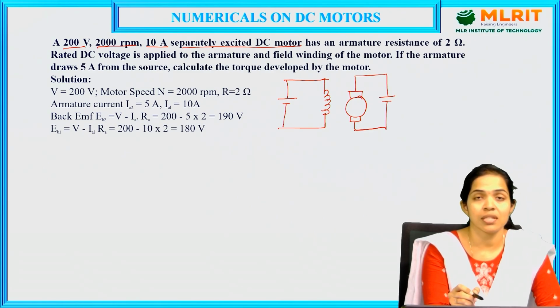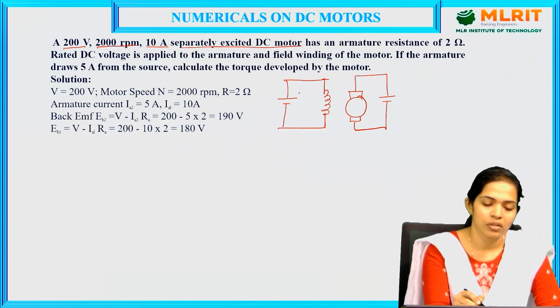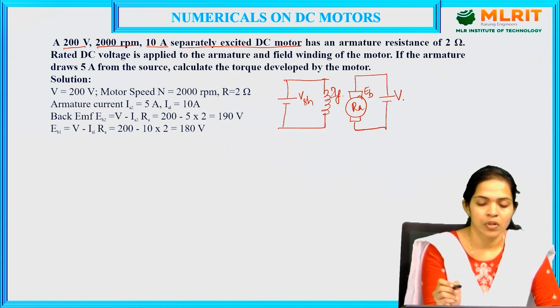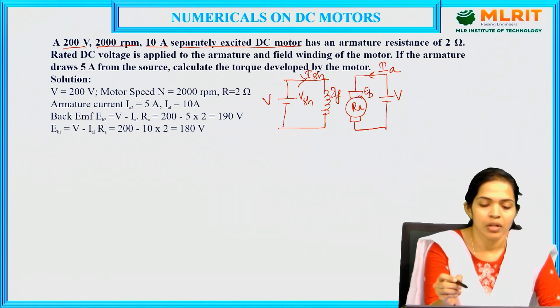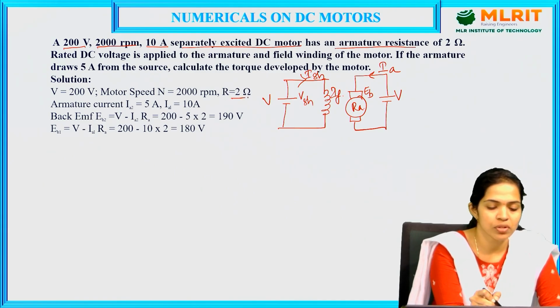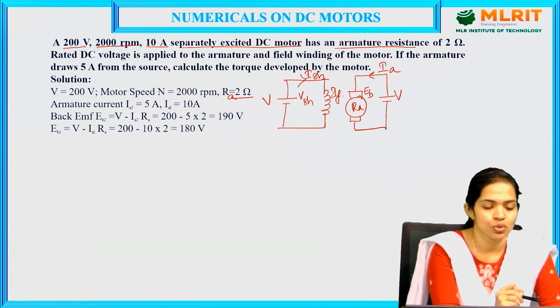This is called a separately excited DC motor. It has the armature resistance as 2 ohms.